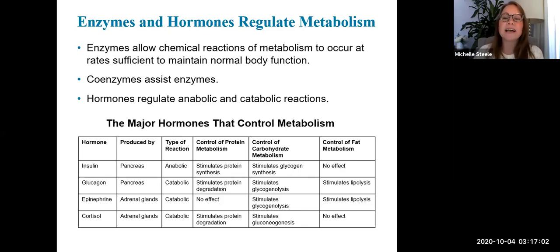What's that doing? That's actually going to stimulate protein degradation, stimulate gluconeogenesis. These are also catabolic reactions. So there's different hormones that are going to have a direct impact on the types of reactions that are taking place, whether they're anabolic or catabolic reactions in the body.